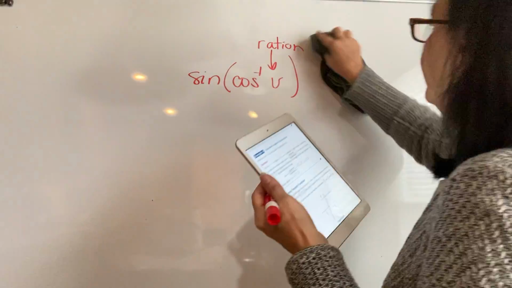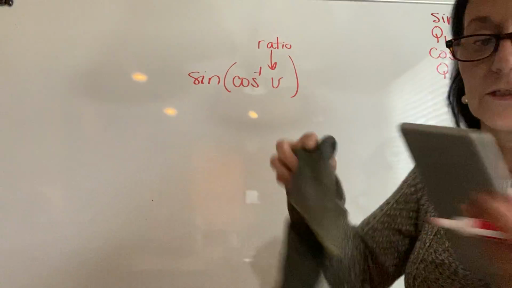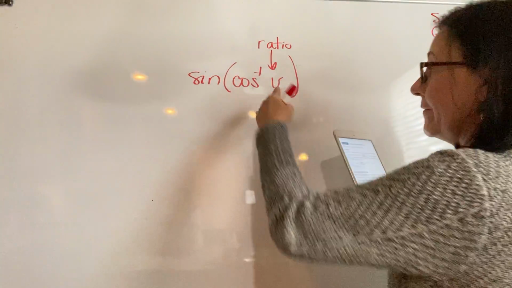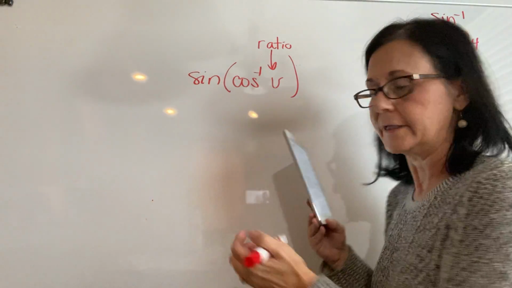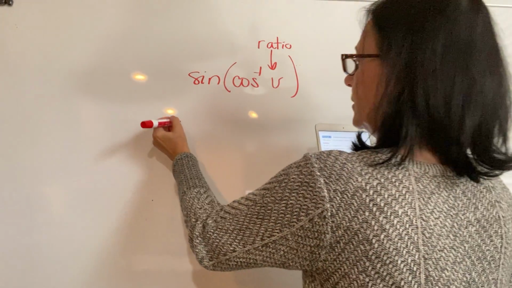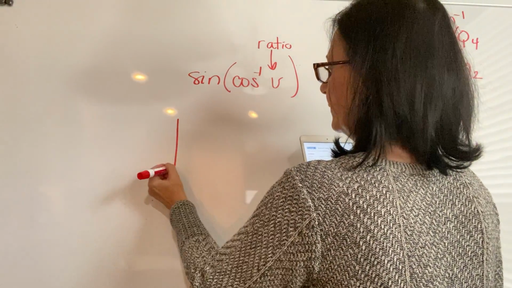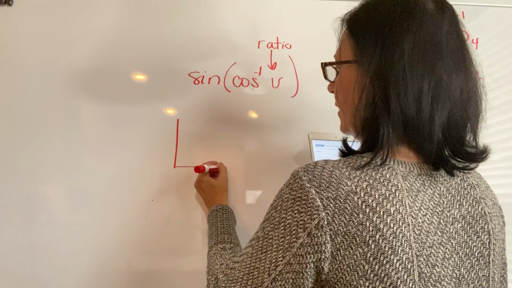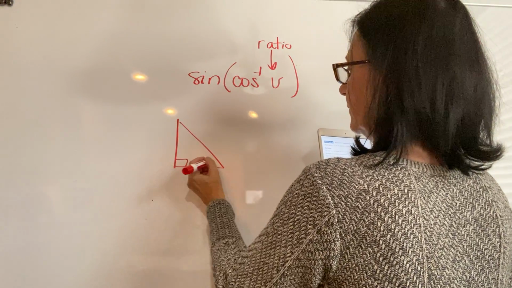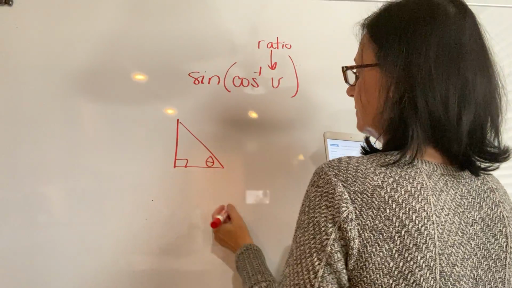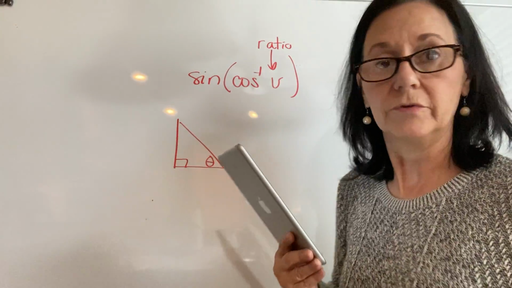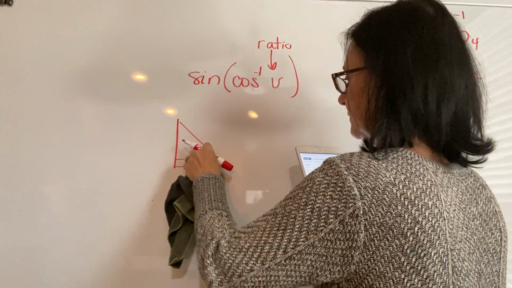Also, when you have the inverse, you're always looking at the ratio. So I'm going to draw a right triangle. If this is my theta or my u, they're using u, right?